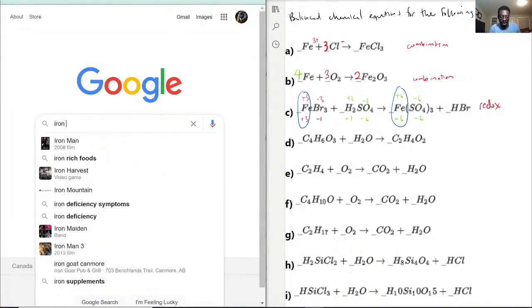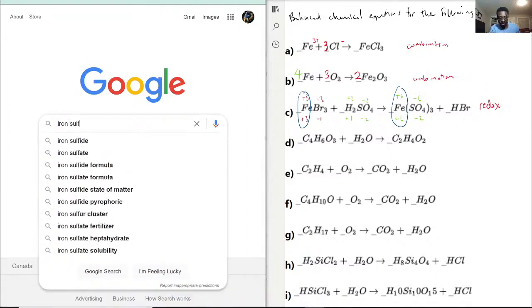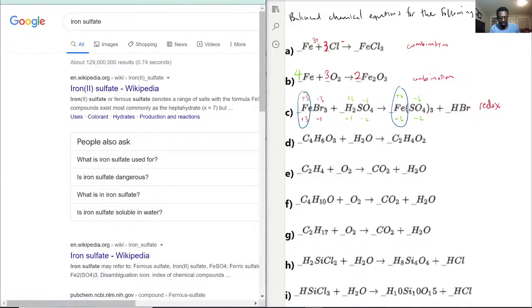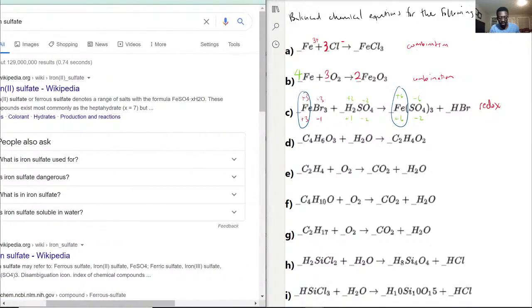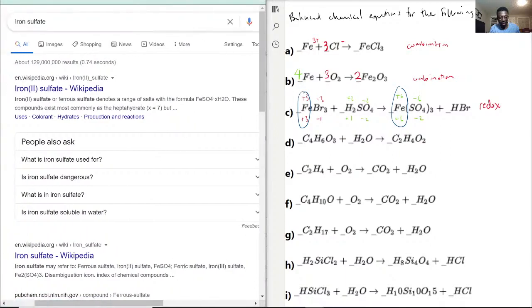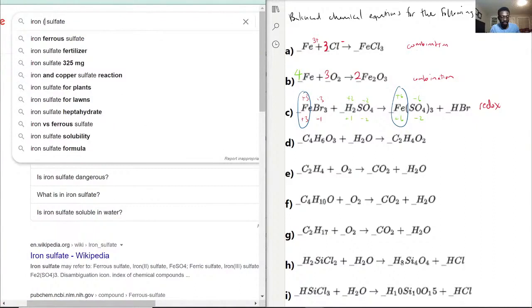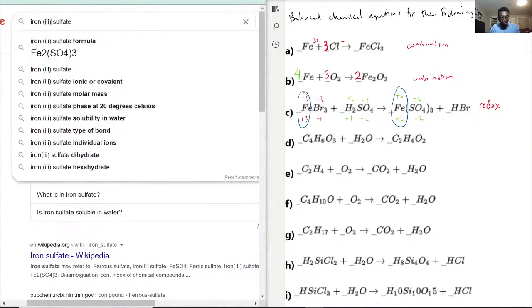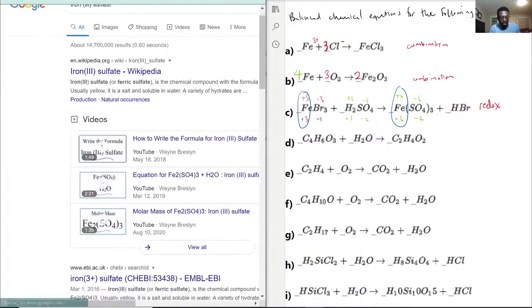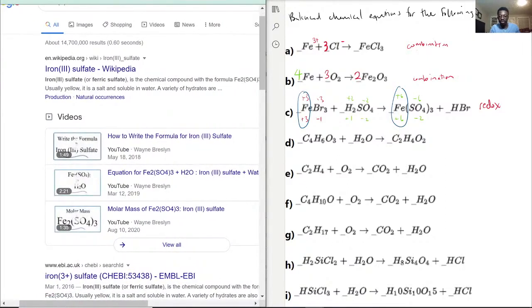Because if I type in iron, so I've never seen iron go from +3 to +6. But if I said iron sulfate, if I said iron 3 sulfate, because it looks like it is. Yeah, Fe2(SO4)3. Wow. So they give us, yeah. Okay.